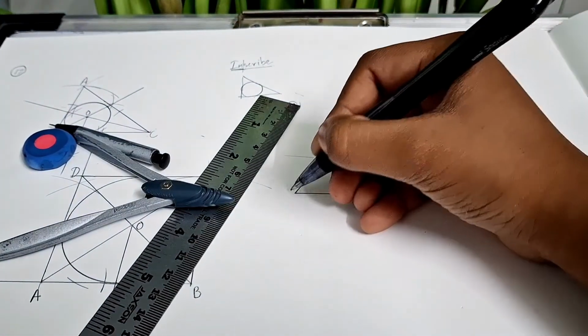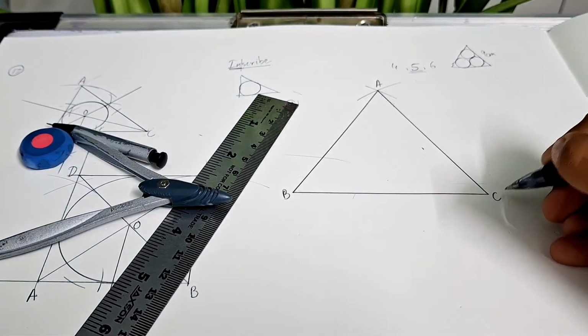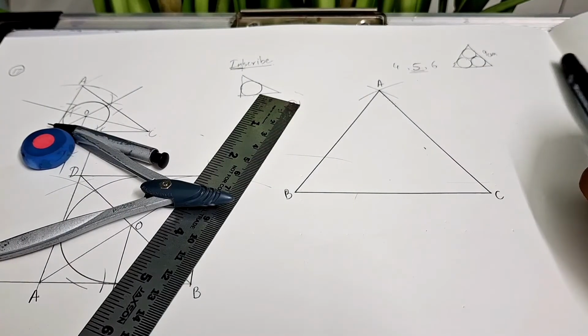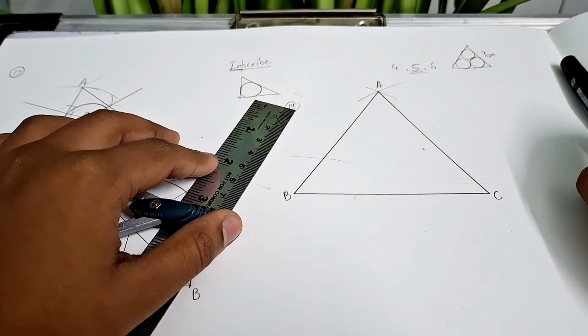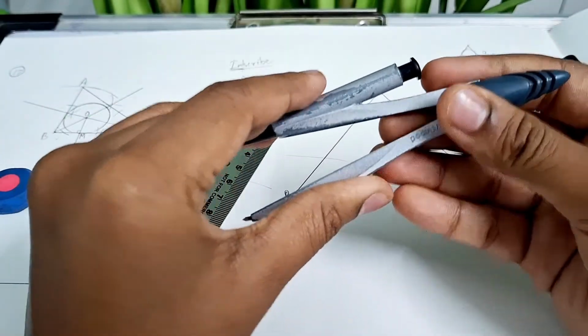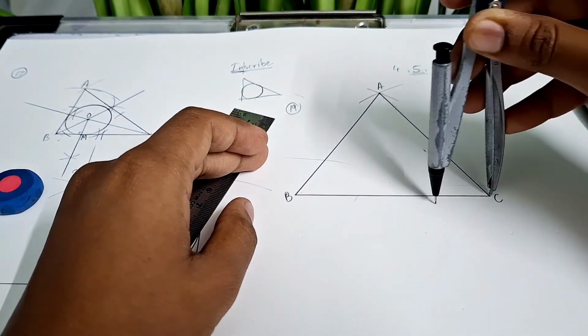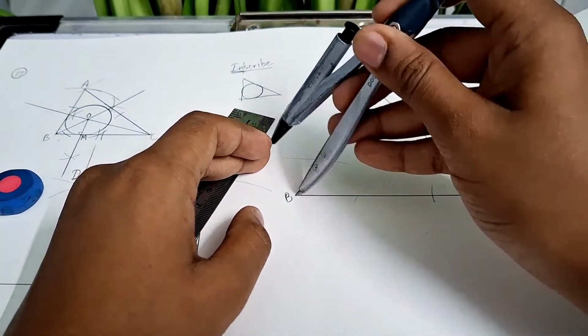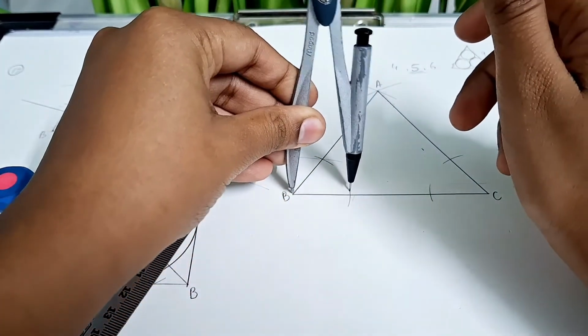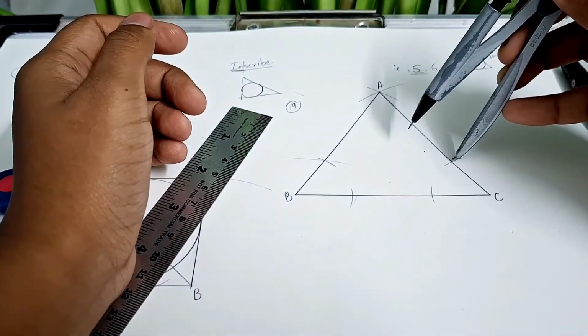Let's label this triangle as triangle ABC. Now I will draw two angle bisectors of the two basal angles. So here I am bisecting the two angles at the base.